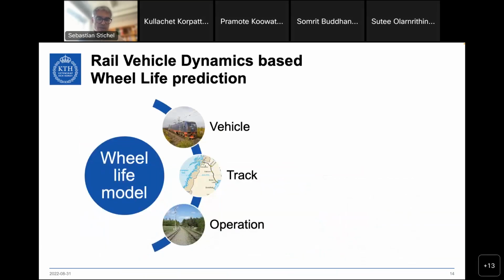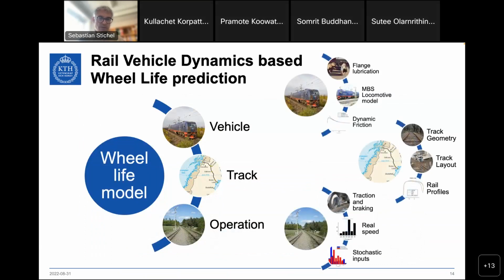The logic for the simulations is very similar. Again, you need your simulation framework with knowledge about the vehicle, the track, and the operation. This time the load cases look a little bit different. This time you don't look at one rail cross section, but you look at one wheel set and need to know on which curve radii and on which network that wheel set or vehicle operates, to simulate as realistic an operation as possible.